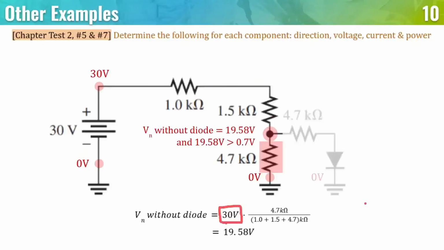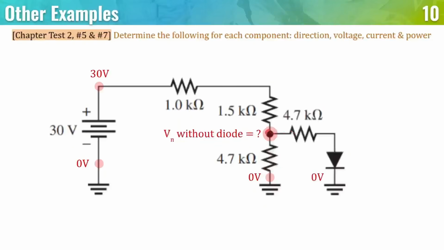Across each of the resistors, we need to find the total resistance. So the total resistance is 1.0 plus 1.5 plus 4.7 kilo ohms. Since we are interested in this node, it's easier to compute here since it's directly attached to the ground. The minus 0 part will make it easier to compute.